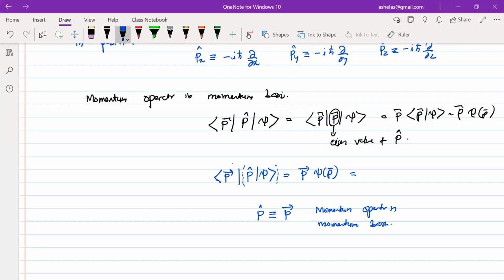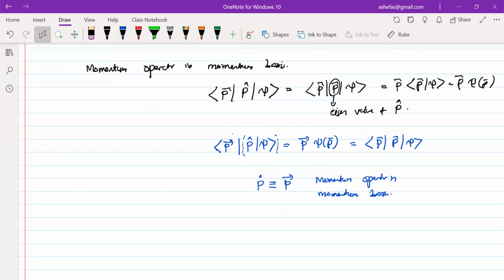Or this can also be written as the inner product ⟨p|ψ⟩. So the momentum operator is nothing but the momentum vector in the momentum basis. If you take the components, the momentum operator along the x direction is simply px, along the y direction it is simply py, and along the z direction it is simply pz in the momentum basis.